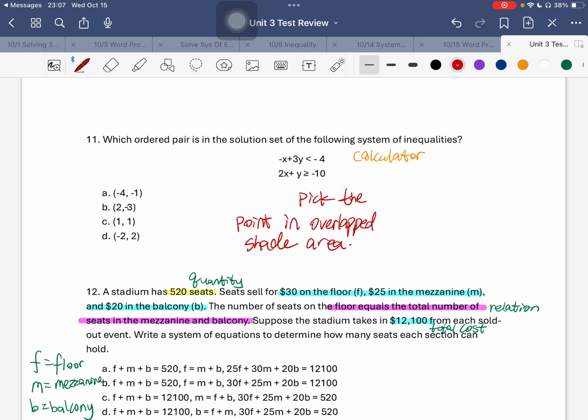Okay, for this question, the graph should look like this. It's a dotted line for inequality 1, and inequality 2 is a solid line. It should look like this.